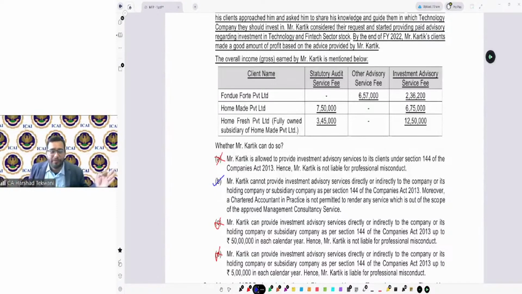But section 144 itself prevents you from providing this kind of service. So the reporting requirement doesn't come into the picture. I hope I'm clear. Any doubt?